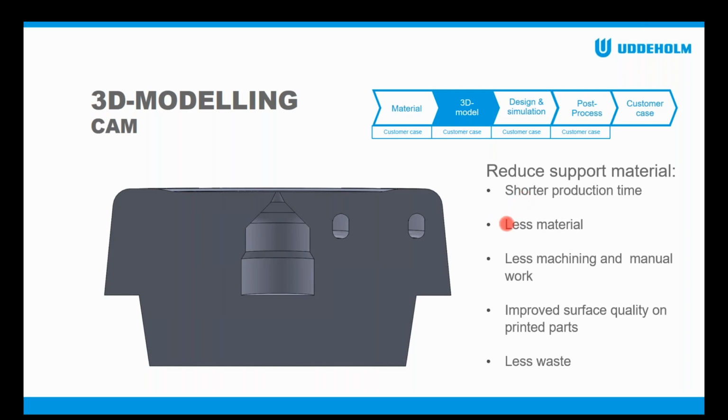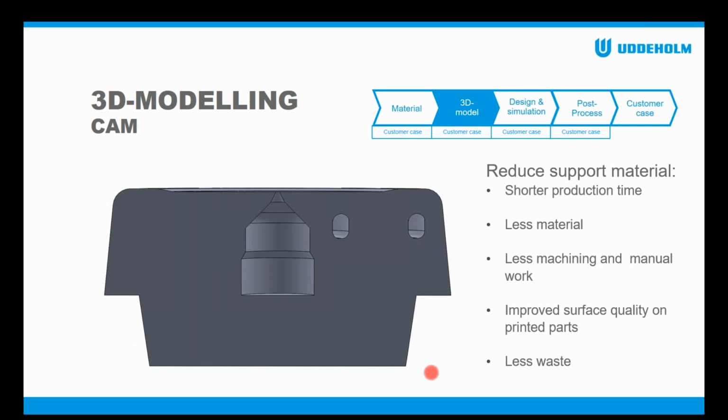We can use less material, once again decreasing the cost, and hopefully need less machining afterwards and less manual work. You also get an improved surface quality if you don't need support material. Imagine that you have support material and then you try to crack it off or remove it, and that will affect the surface right here. And you also contribute less waste in the end.